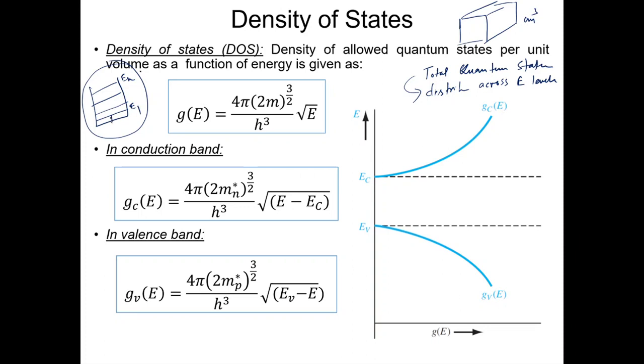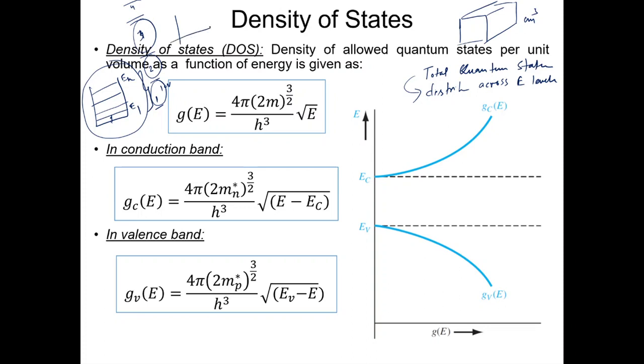But you can also define another parameter which says that in a given energy window, let's say from 0 to 1 electron volt, or from 1 to 2 electron volt and 2 to 3 electron volt, how many energy states are present. Let's say here you have 1, from 1 to 2 electron volt you have 2, from 2 to 3 you have 3, and 3 to 4 you have 4.